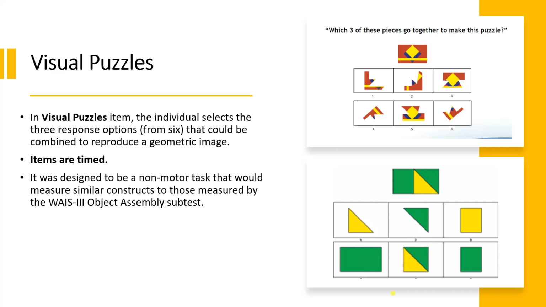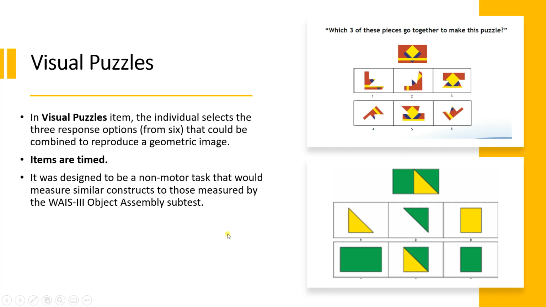It is basically designed to be a non-motor task. It is again a performance task, but it does not require any motor activity like in the block design test. And it was designed to replace the earlier subtest called object assembly, in which the participants have to put the pieces together to make a meaningful picture or a meaningful object. But here, without any motor activity, just selecting any three options.